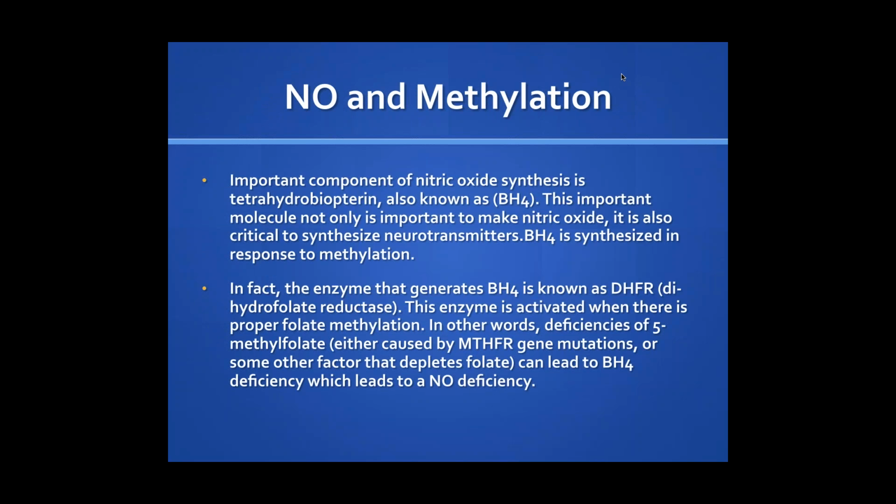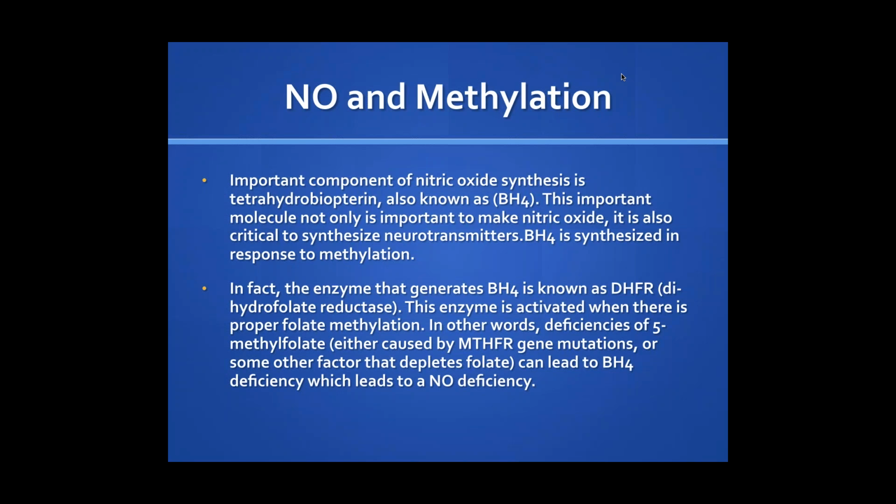An important component of the nitric oxide synthase is tetrahydrobiopterin, also known as BH4. This important molecule not only is important to make nitric oxide, but it's also critical to synthesize neurotransmitters. BH4 is synthesized in response to methylation. In fact, the enzyme that generates BH4 is known as the dihydrofolate reductase enzyme, or DHFR, and you can actually have a variant in that enzyme as well.